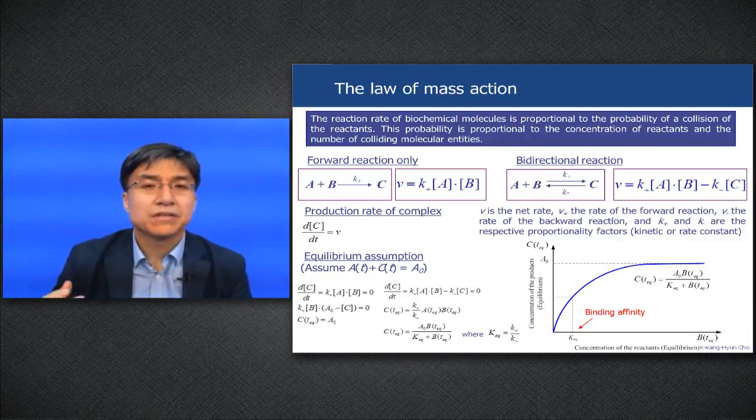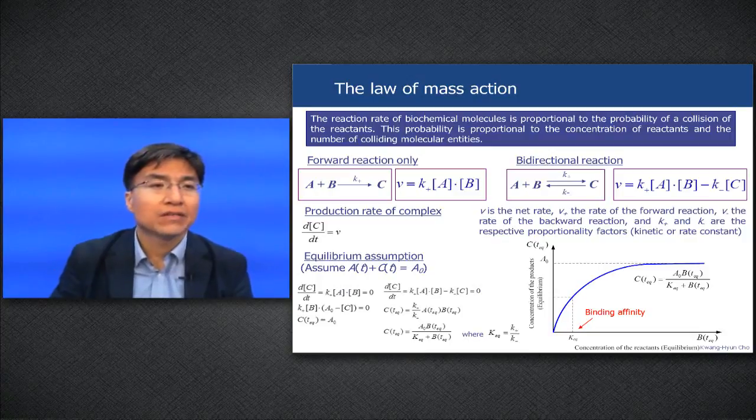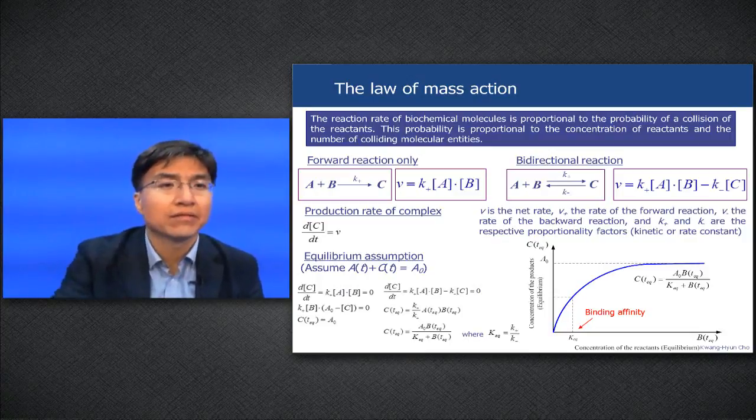So if we consider two molecules, A and B, then if they collide together, they can produce another complex molecule, C. We can describe this using this forward reaction.